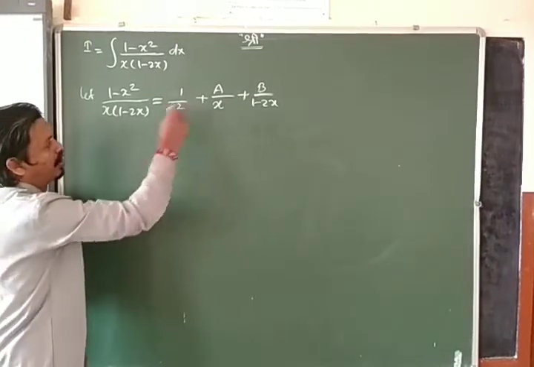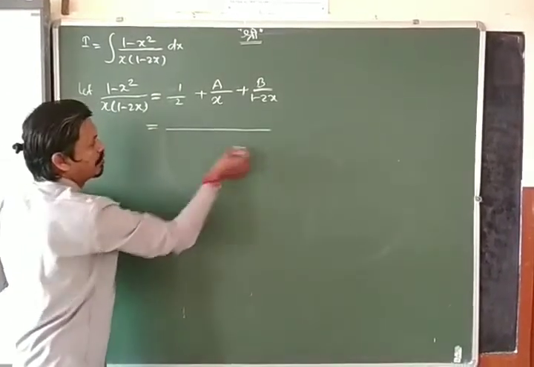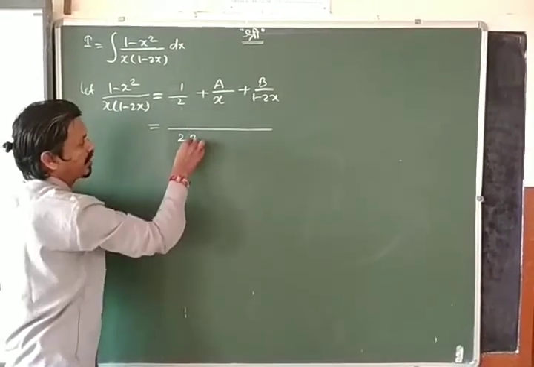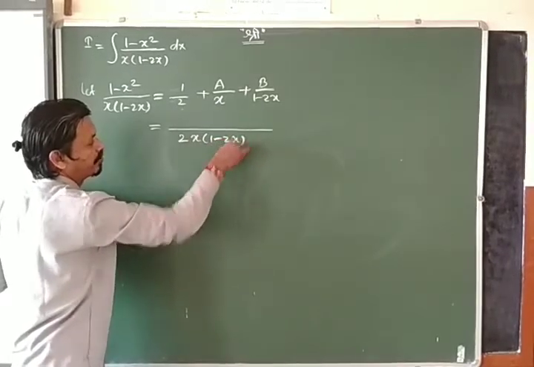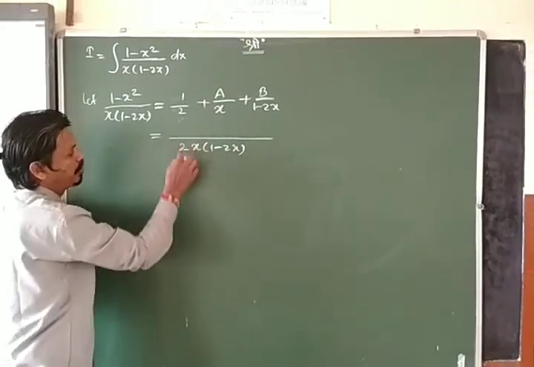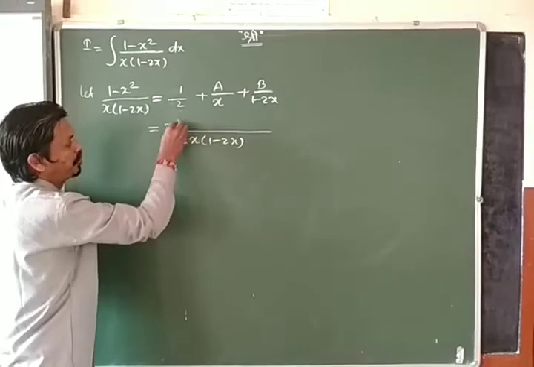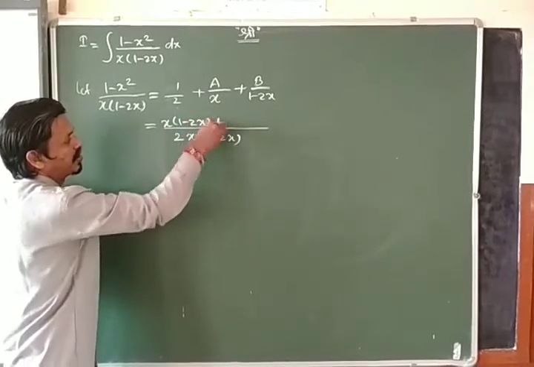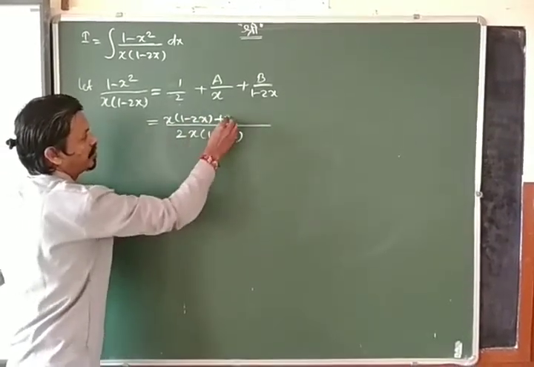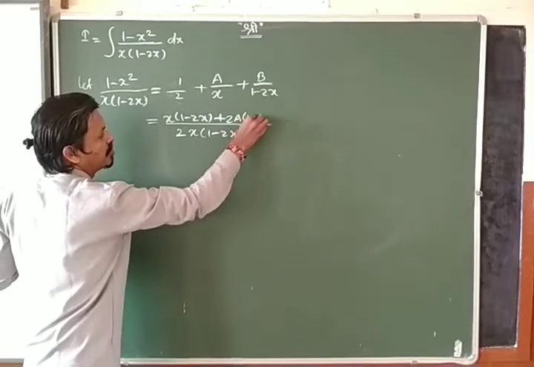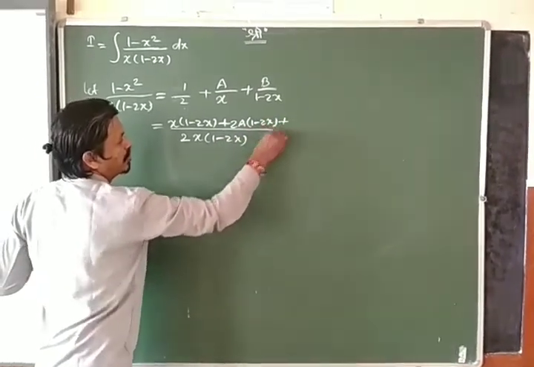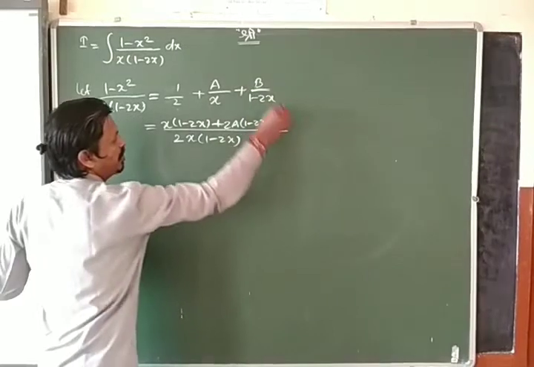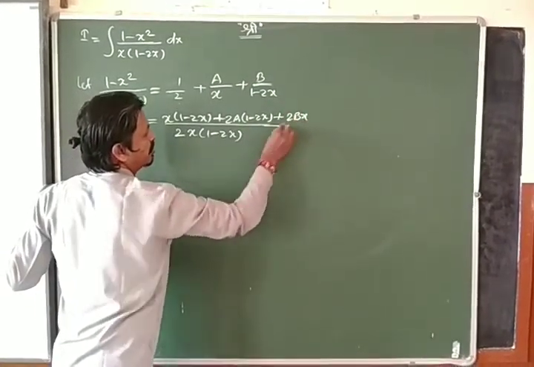Now you can solve this with the same process. Take the LCM, which will be 2x into 1 minus 2x. Dividing, the 2 cancels out, then we get x into 1 minus 2x. Same thing here: x cancels out, then we get 2 into a into 1 minus 2x, plus 1 minus 2x cancels, then 2x into b, which is 2bx.